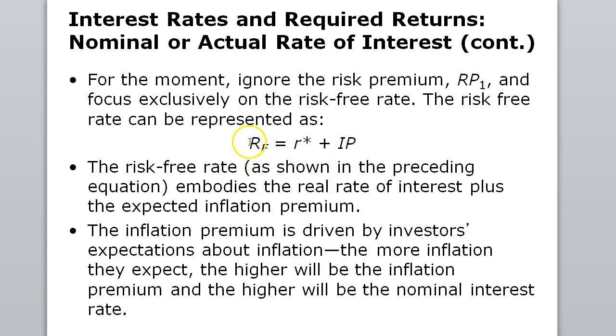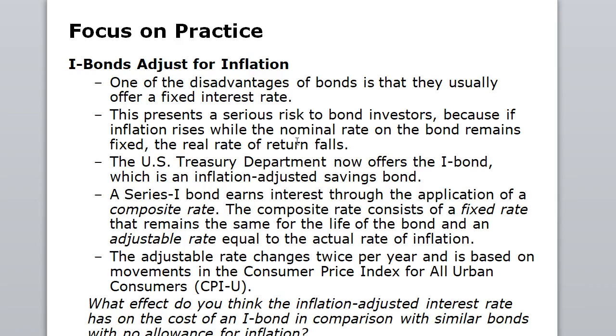So the risk-free rate means we're protected from the inflation that's expected, and we're also receiving our real rate of return. So the inflation premium is driven by investors' expectations about where they think inflation is going to go, and if they think inflation is higher, then the inflation premium will be higher, and the nominal rate of interest will also be higher.